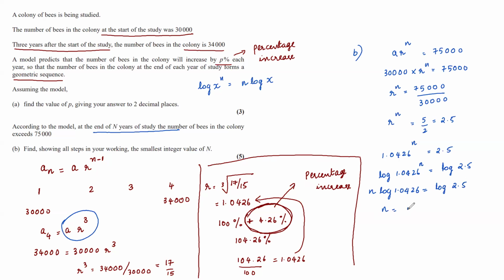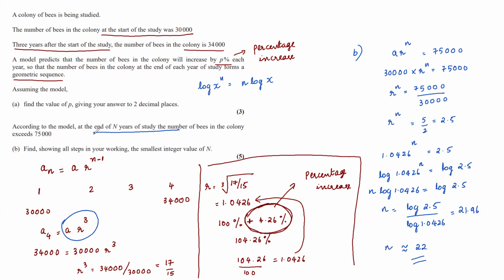So n will be log 2.5 divided by log 1.0426. Let's just put that in the calculator. Log 2.5 divided by log 1.0426, which will give us 21.96. So approximately, when we round it, we'll get n as 22.